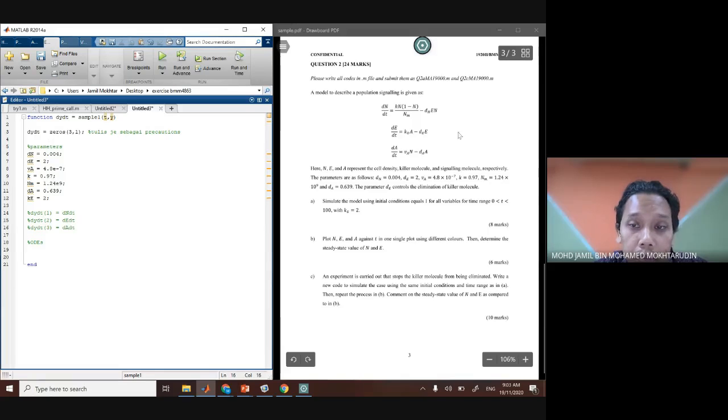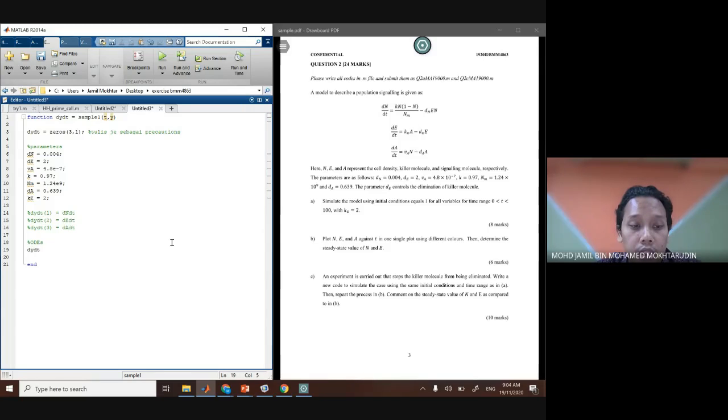So sebab ada tiga ODE, so dy dt 1 ialah yang pertama, dy dt kedua is the second ODE, and dy dt 3 is the third ODE. So in the ODE code, you just rewrite the equation given here.